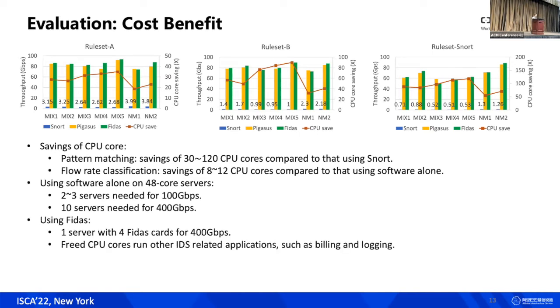That translates to this: if we use a software solution, we probably need 10 servers to achieve 400 gigabits per second. But using FIDAS, we only need 1 server with 4 FIDAS cards to achieve that. So that's a significant savings.